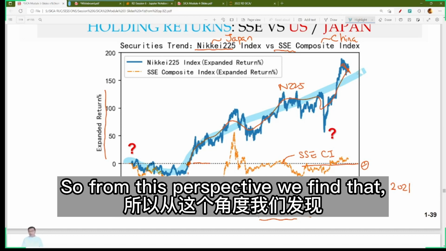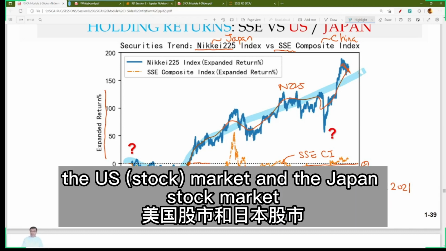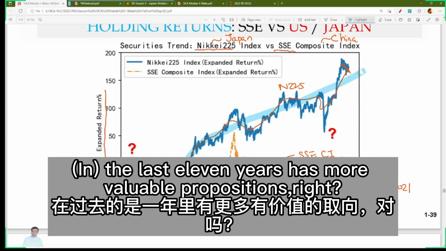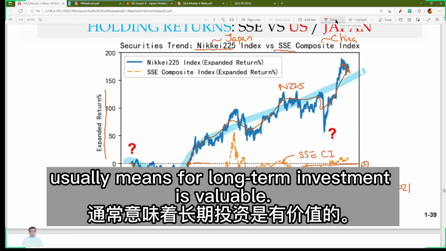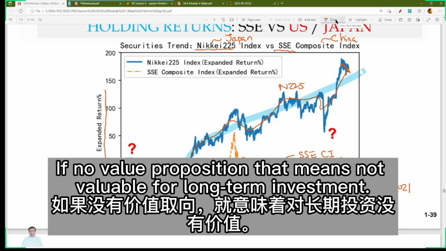So from this perspective, we find that the US market and the Japan stock market for the last 11 years have more value propositions, right? Value proposition usually means it is valuable for long-term investment. If no value proposition, that means not valuable for the long term.